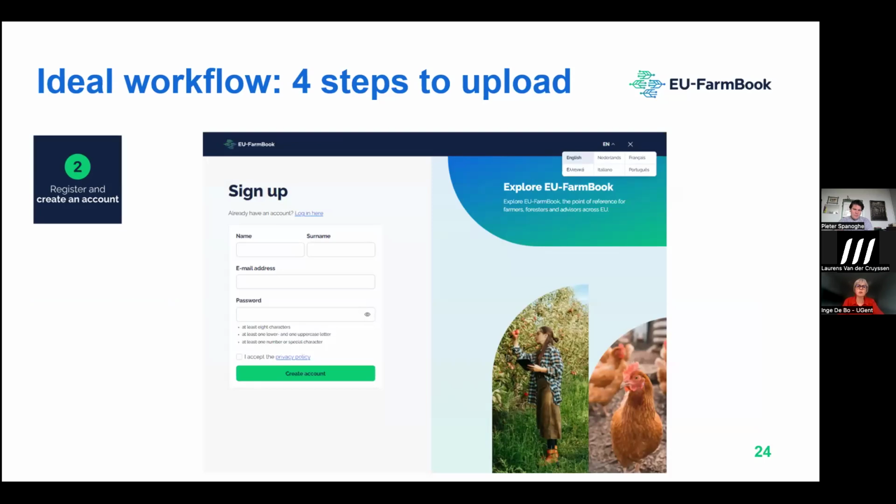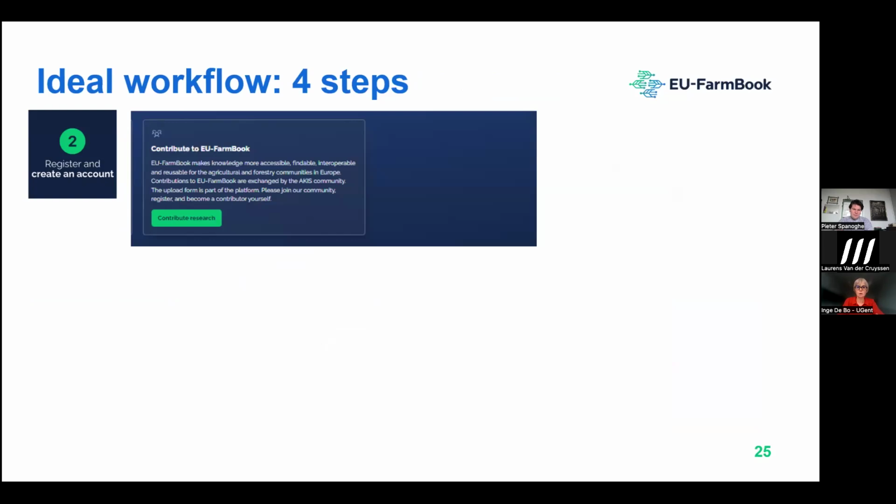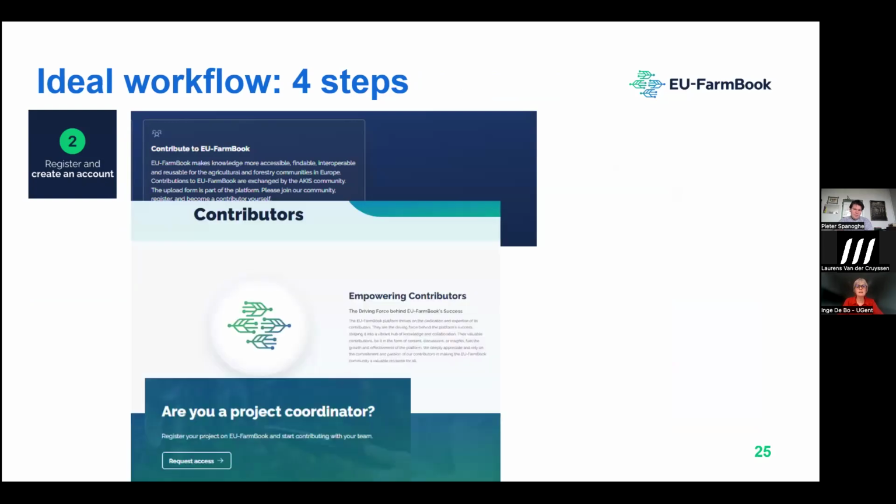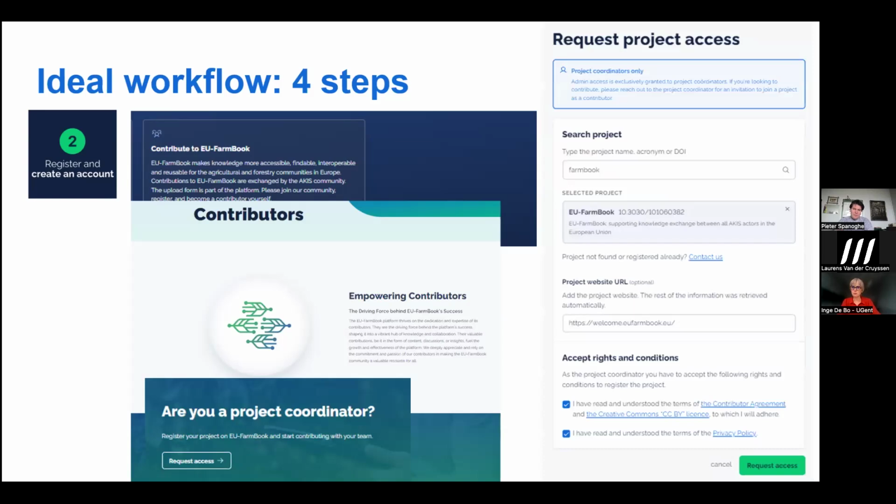The moment you have created your account, you can go back to this contribute research link, and there you have some information, but below you can click on request access, because this is the first step that we do: we are looking for your project. It's your Horizon 2020 or Horizon Europe project, and for example, here I type the project name FarmBook, and there is a link with Cordis on the EU portal, and then EU-FarmBook is shown, and all information that is relevant will be uploaded on the EU-FarmBook platform.